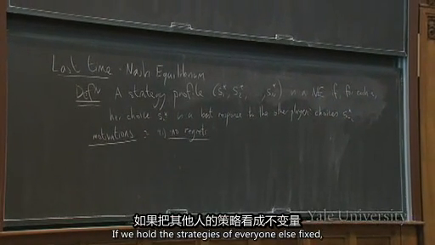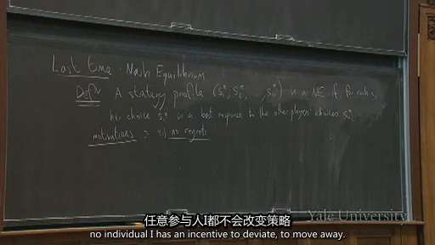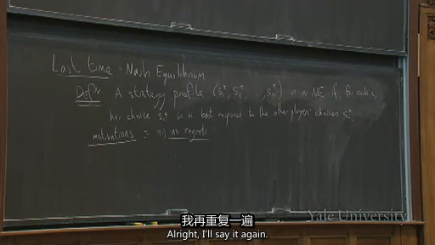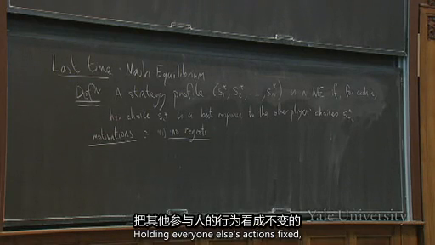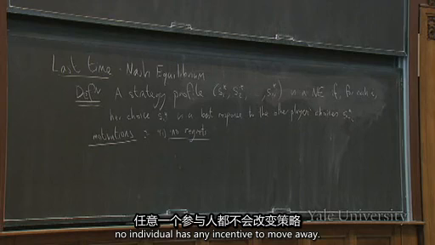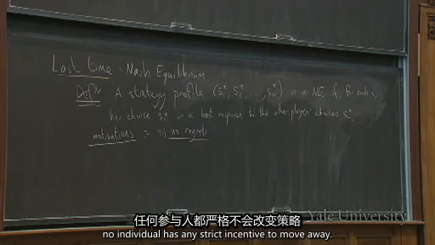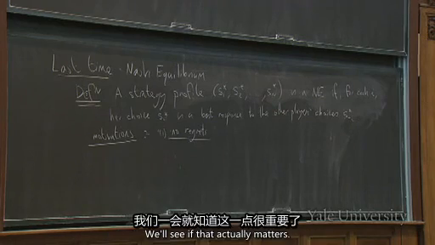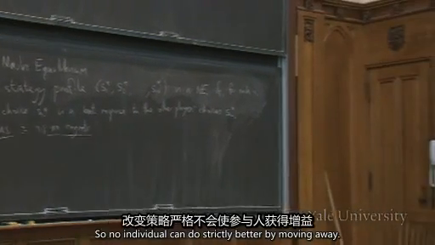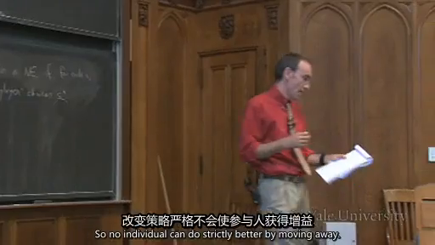If we hold the strategies of everyone else fixed, no individual I has an incentive to deviate, to move away. Again, holding everyone else's actions fixed, no individual has any incentive to move away. And let me be a little bit more careful here. No individual has any strict incentive to move away. We'll see that that actually matters. So no individual can do strictly better by moving away.